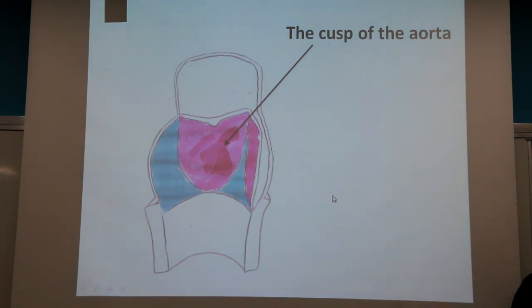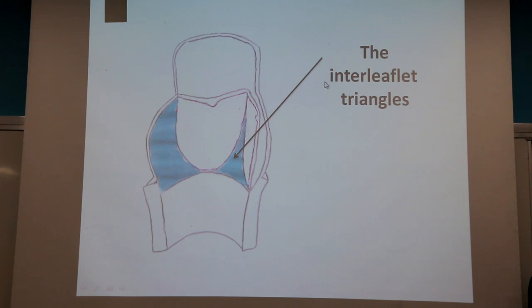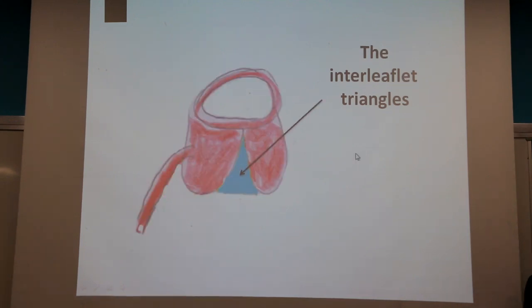But what is this? We call this the interleaflet triangles. Because they are between the leaflets, we call them interleaflet, and because they look like a triangle, we call them interleaflet triangles.